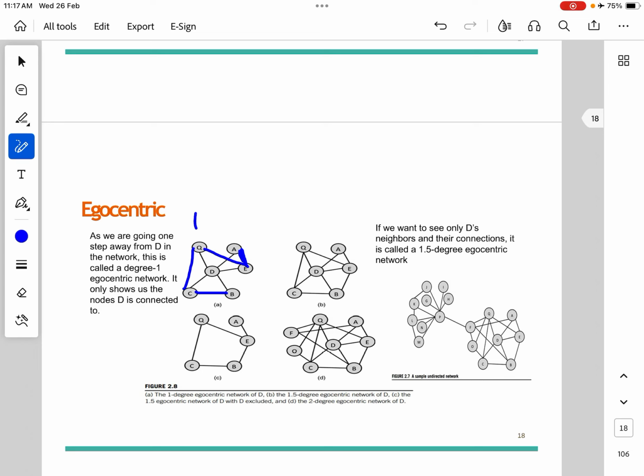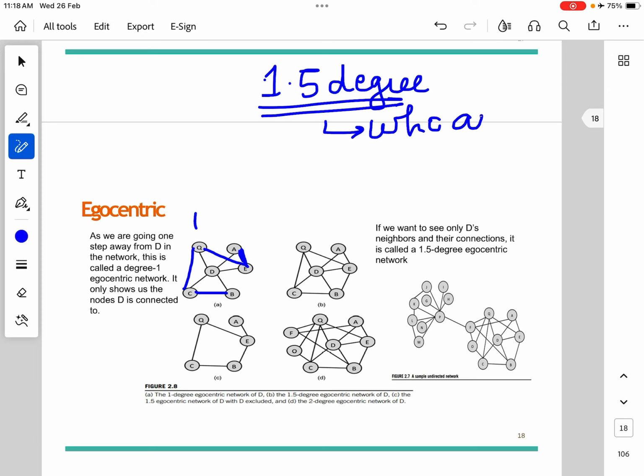So here a question arises: will F come, because Q is also connected to F? The answer is no. Why no? Because F is not a connection of D. Who are we considering in 1.5? In 1.5 egocentric, we are only considering connections of those nodes who are a connection of D. Very, very important.